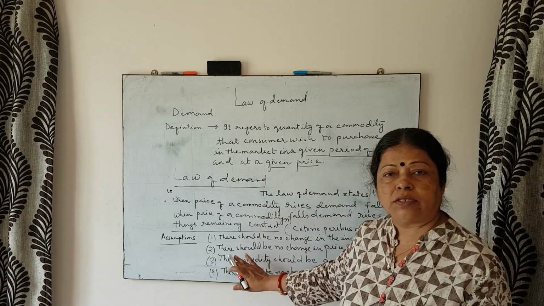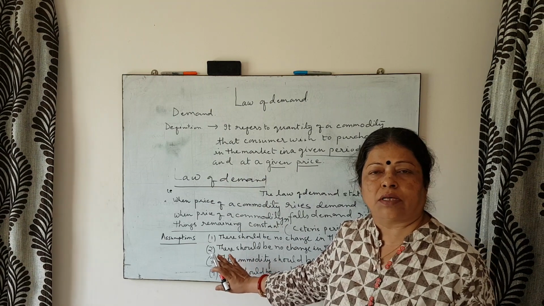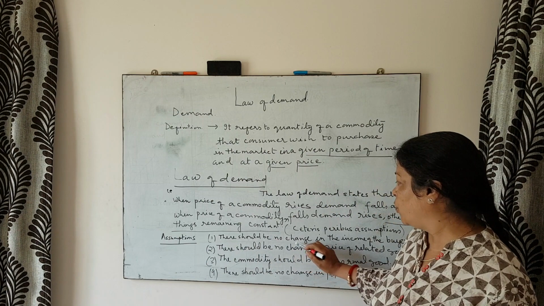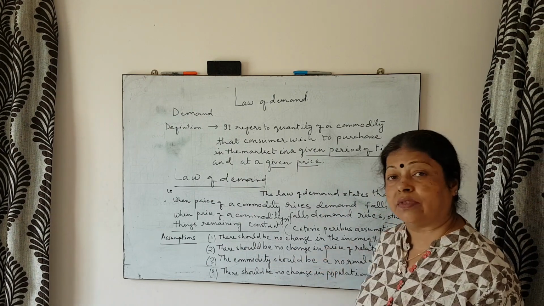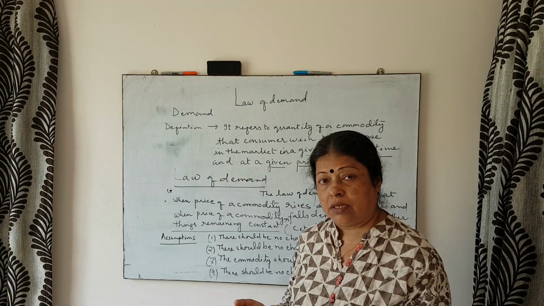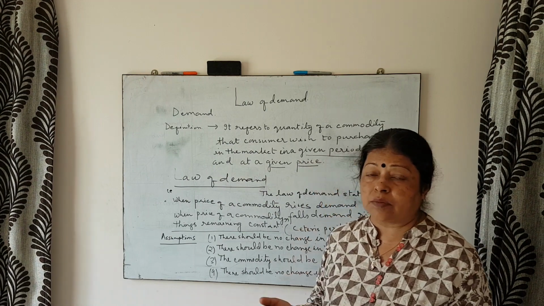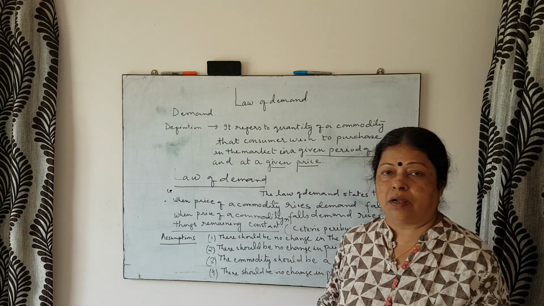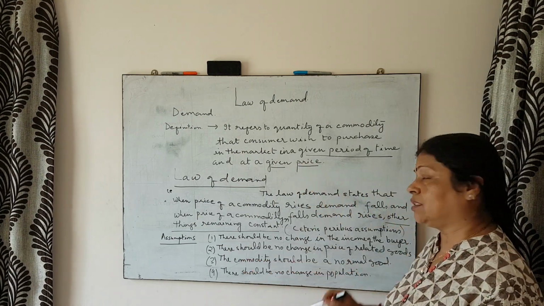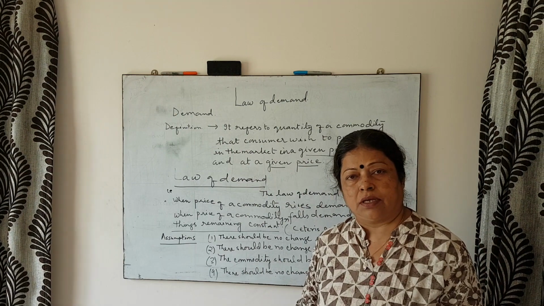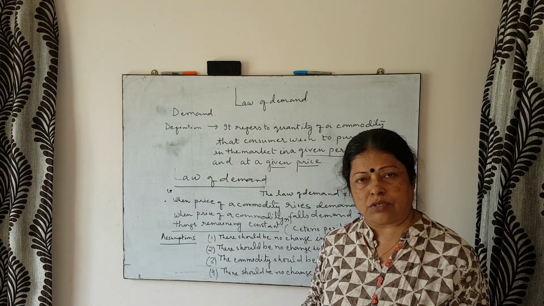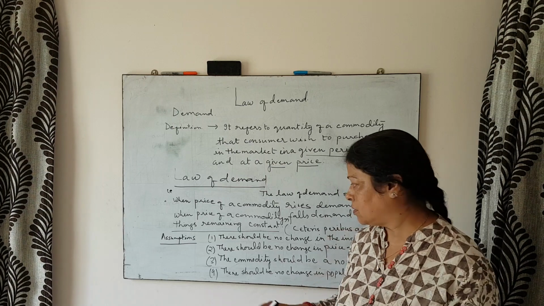Now, every law is depending on some or other assumptions. Now, first assumption is there should be no change in income of the buyer. Because if income is also changing, then there is a possibility that law of demand is not applicable. There should be no change in price of related goods. Here, by related goods we mean the substitute goods and the complementary goods.